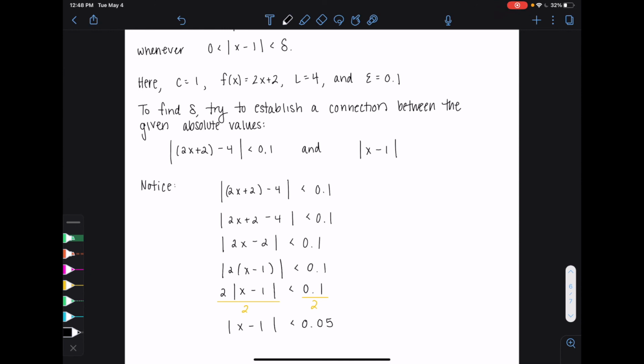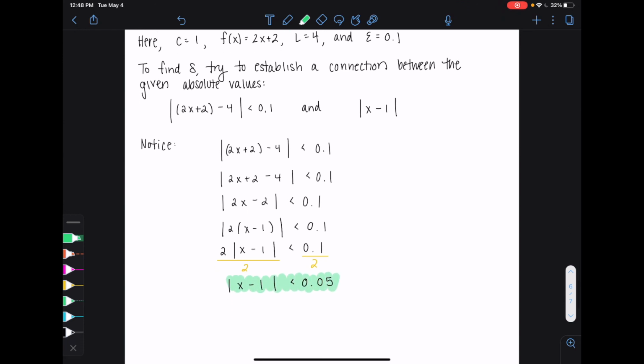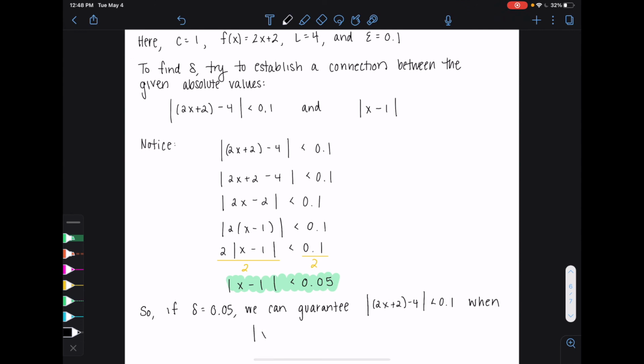Okay. And so the delta I need is 0.05. So if delta is equal to 0.05, we can guarantee the absolute value of 2x plus 2 minus 4 is less than 0.1 when the absolute value of x minus 1 is less than 0.05 and also greater than 0, because we don't want x and 1 to be equal for the limit.